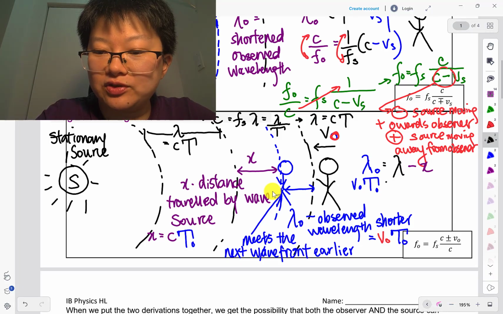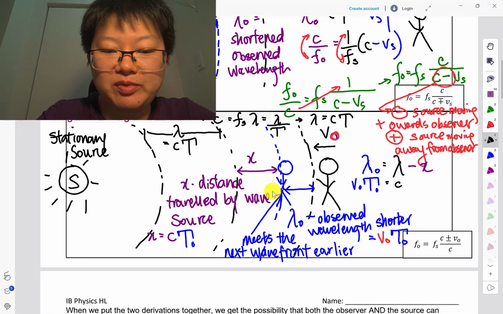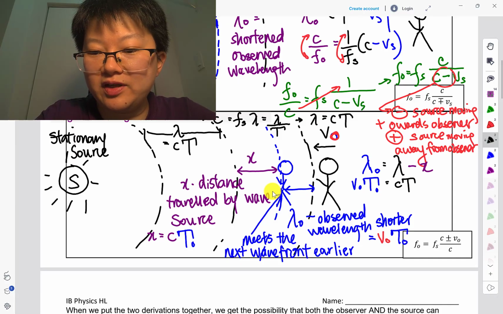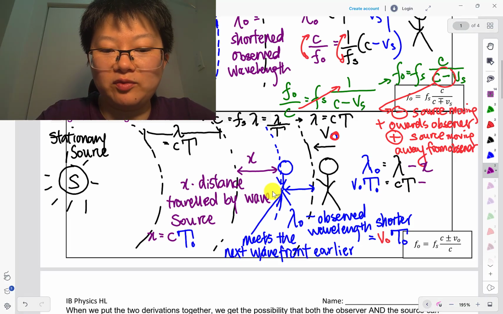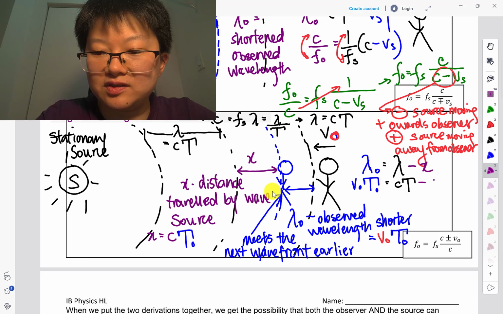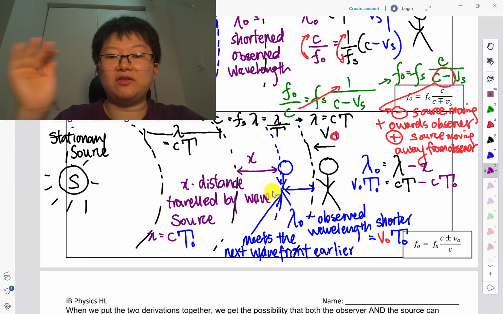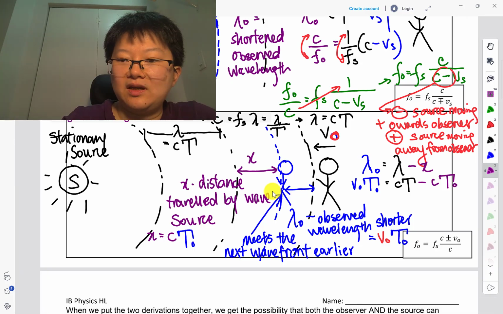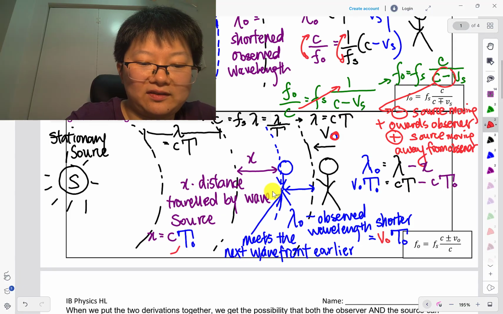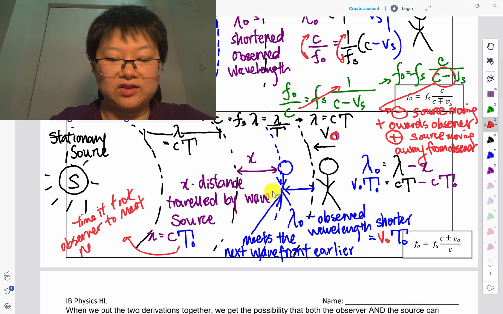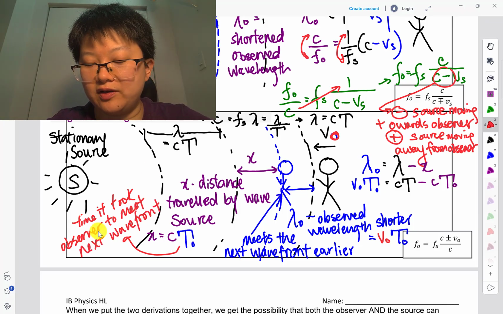This is going to be equal to C, speed of the wave in the medium, times the original period, and then minus the distance traveled by the wave of the source, which is speed of the wave times the time it took the observer to meet the next wavefront. And just to remind us, I'm going to write that there. So that T0 is the time it took the observer to meet the next wavefront. I wrote this one right over here.